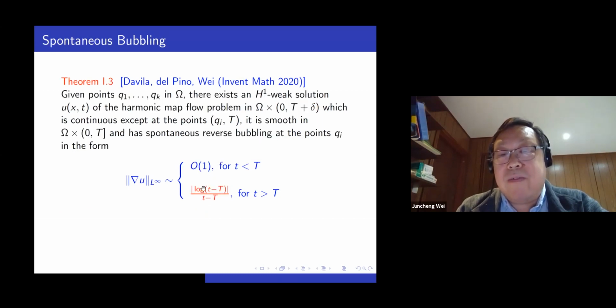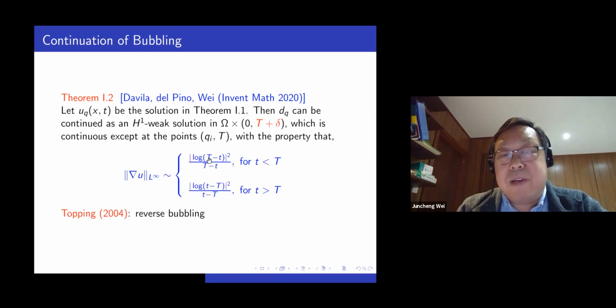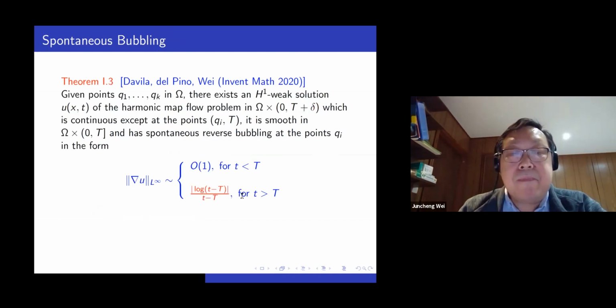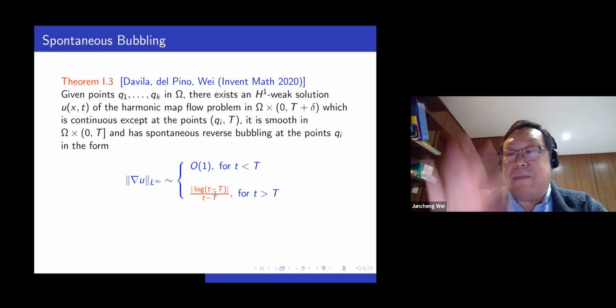But this one, the energy will be discontinuous. But this energy will be continuous. So that's a continuation of the blob. You have the same energy when t less than capital T, and the same energy for t greater than capital T. But for this, you have a jump in the energy.